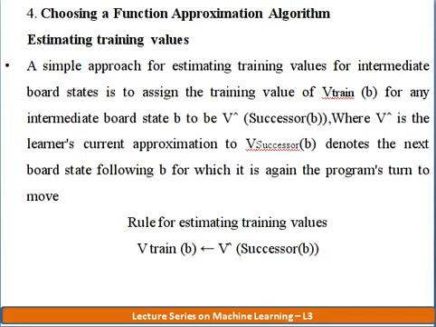Now, despite this ambiguity in estimating training values for intermediate board states, the simple approach that we follow for estimating training values is this: assign the training value, that is V train of b, for any intermediate board state b to be V cap of successor of b. Here V cap is the learner's current approximation to V, and successor of b denotes the next board state following b, for which it is again the program's turn to move.